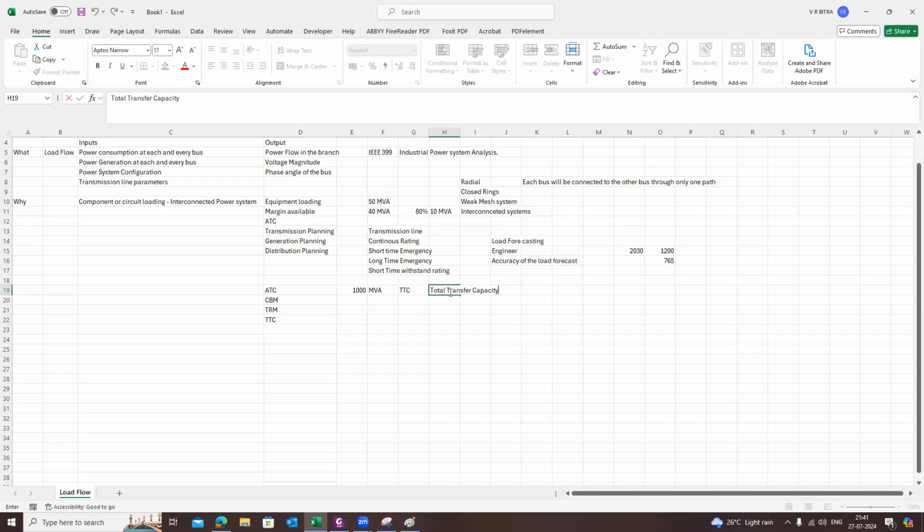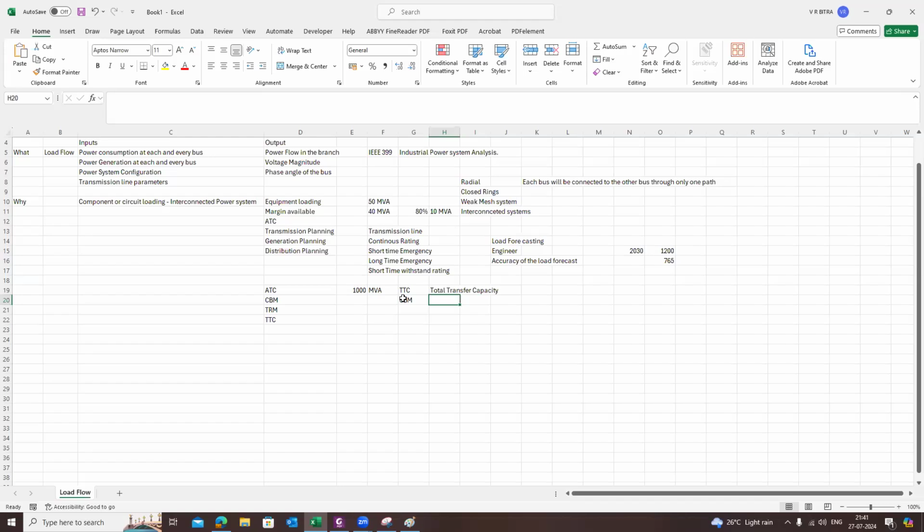Okay. Now, what is the CBM? Any idea? Sir, total transfer capacity is same as the rating of the transformer, no? Exactly. For the transmission line I'm talking about. So this is the total power that can be evacuated through the transmission line.